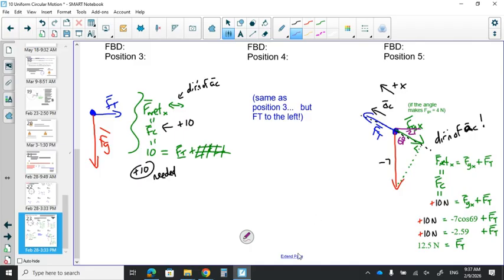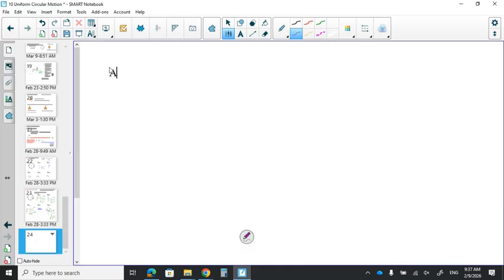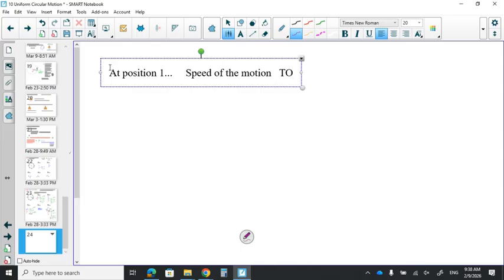Okay. Let's go with the if it's too slow. So position 1, too slow. At position 1 with the velocity, speed, I guess, whatever, of the motion too slow. What happens, right?